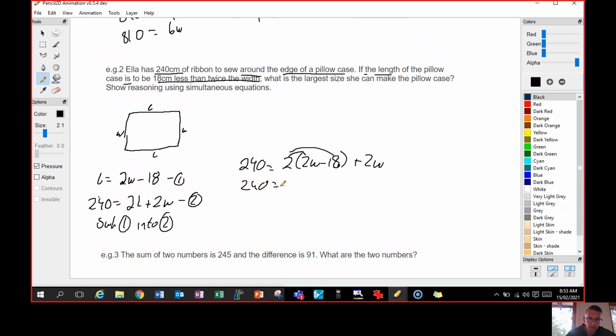So we've got 240 equals 4W minus 36 plus 2W. I'm going to add 36 to this side, which will make it 276. 4W plus 2W will give me 6W. Divide by 6.